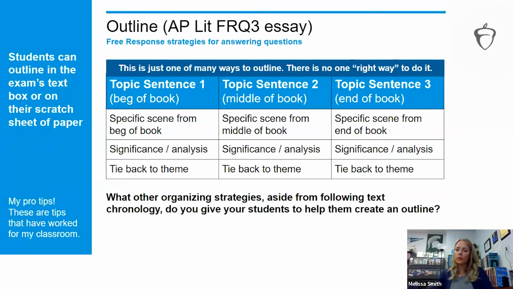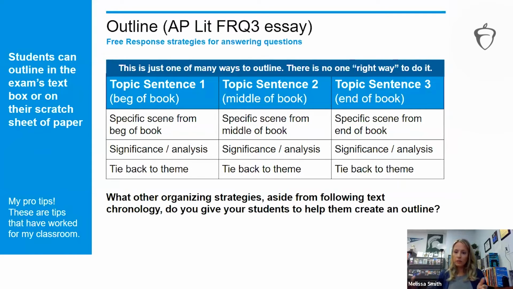I'm not going to go through this in detail like I just did the thesis statement, but I did just want to share really quickly how I show my students to perhaps go about outlining their essay, right? So they can do this as quick bullet points on their scrap sheet of paper or in the essay text box.